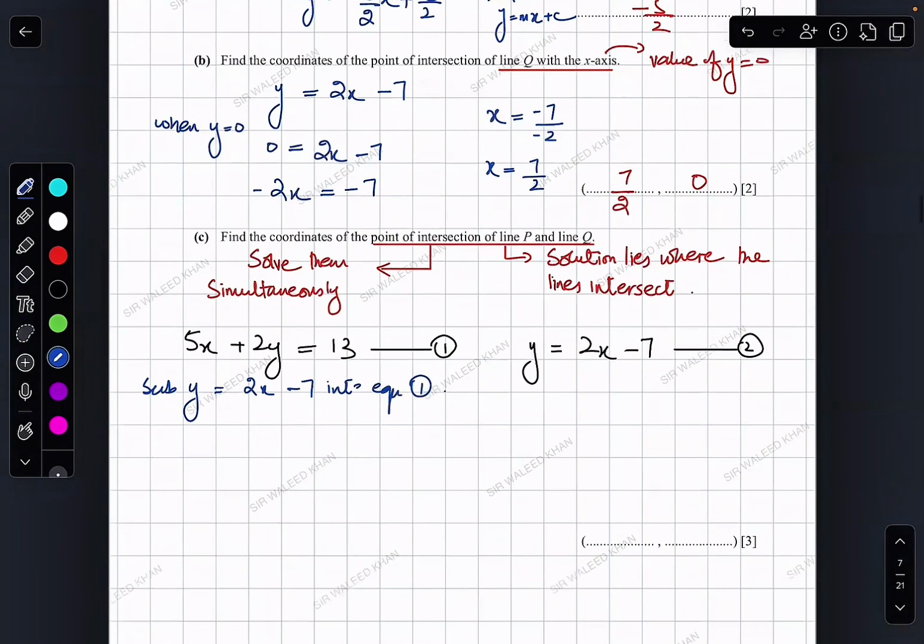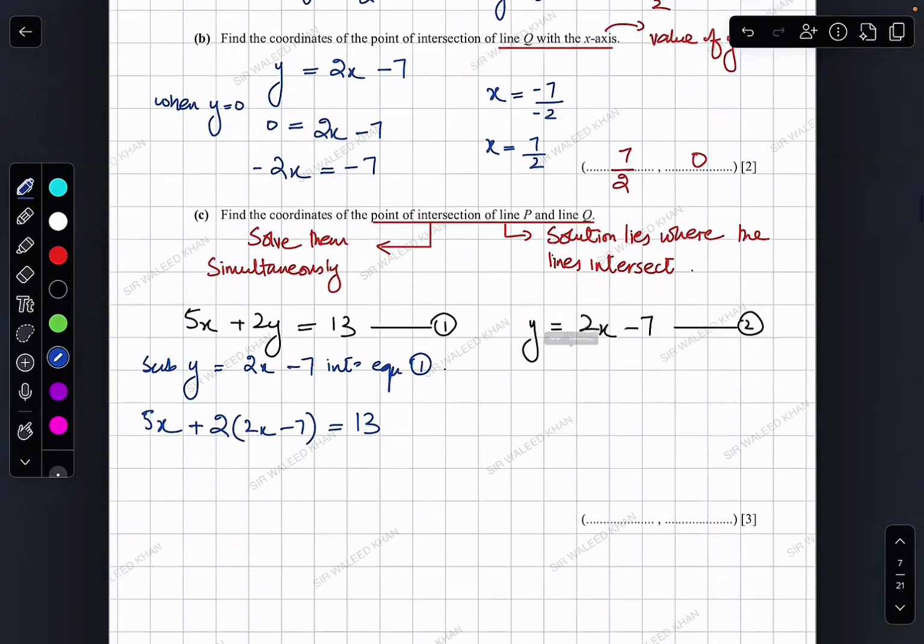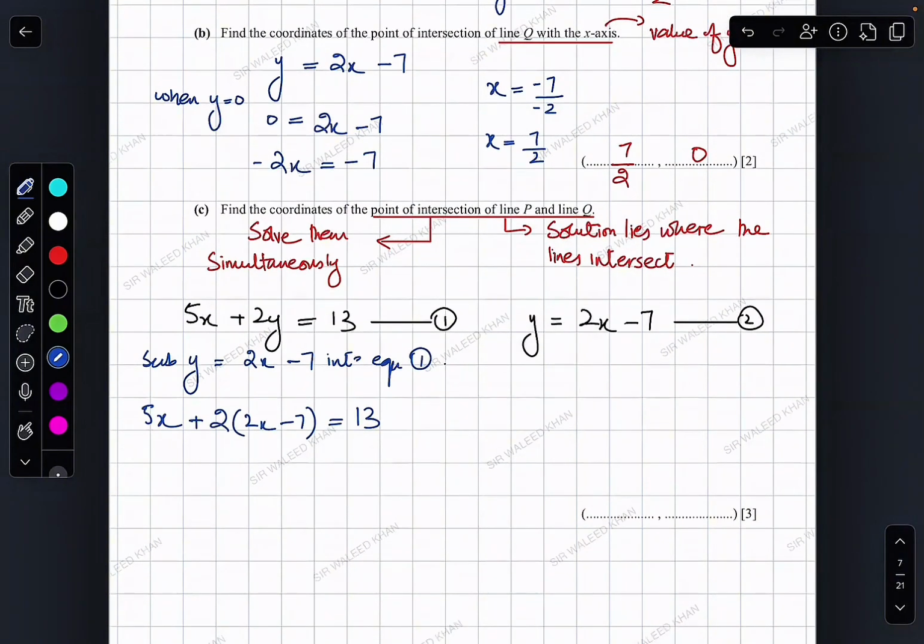So into equation 1, instead of y, I will write 5x plus 2 times 2x minus 7. You can use the elimination method. Again, the answer will be correct, but you might waste some time rearranging stuff.